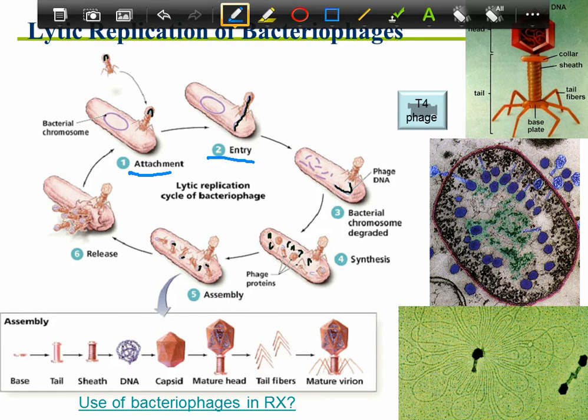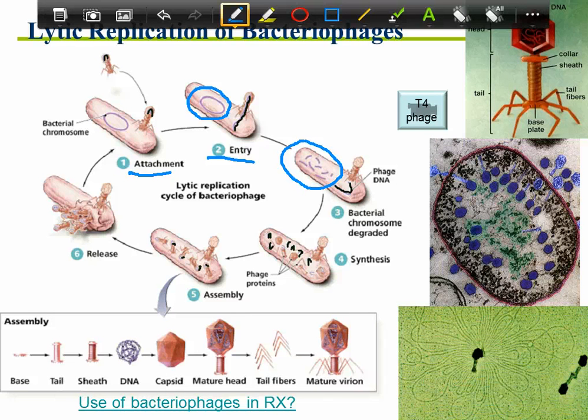Now, something interesting happens. The nucleic acid of the virus has a code that directs the host cell to destroy its own chromosome. Now, its own chromosome is right here in purple. Notice what's happened to it. It's been degraded. So this means that the virus now has total attention of its host cell.